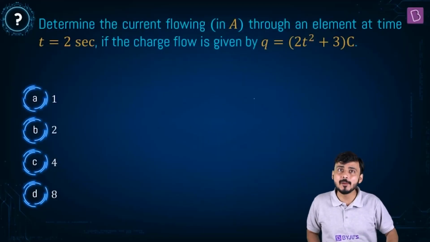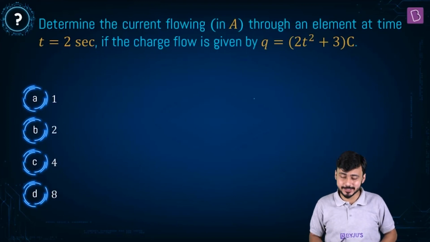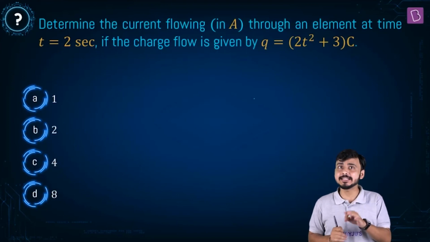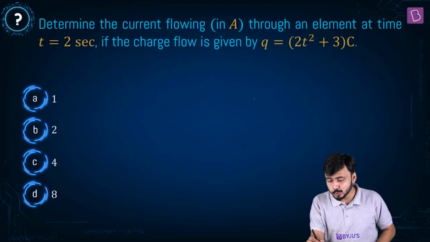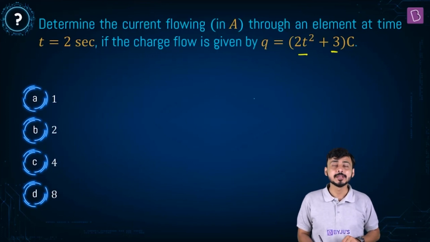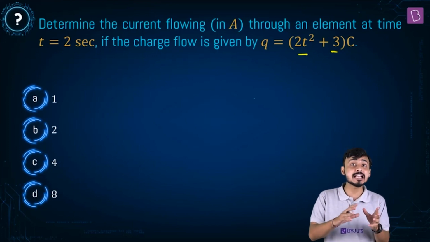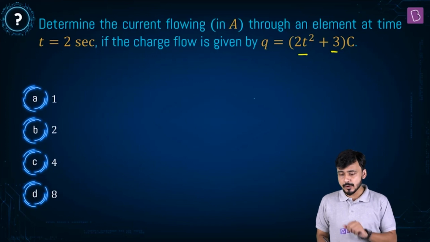Again, a fundamental problem. The statement is: determine the current flowing in ampere through an element at time t equal to 2 seconds, if the charge flow is given as q is equal to 2t square plus 3 coulombs. So charge as a function of time is given to you. At t equal to 0, the charge was 3 coulomb.